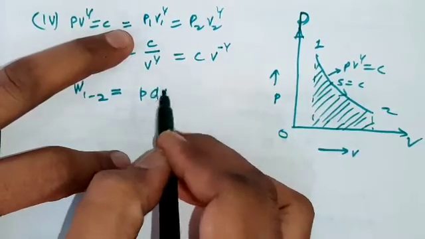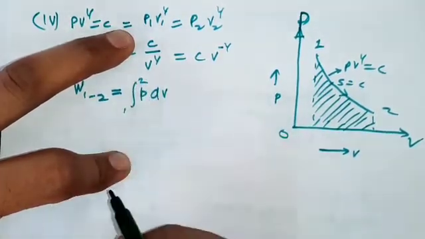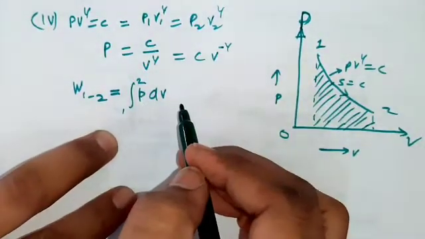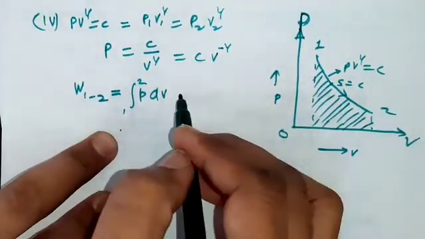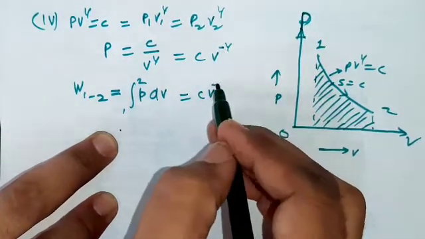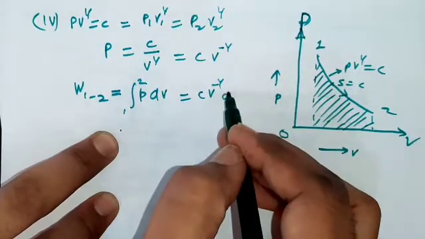integral of P dV. Now we will place the value of P here. So this will be actually C V to the power minus gamma into dV.